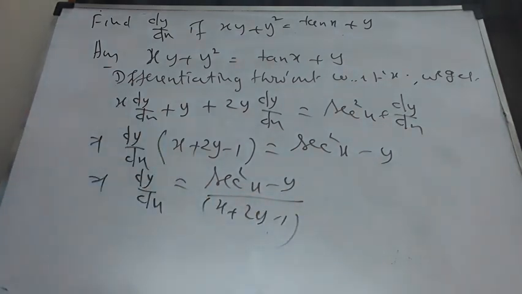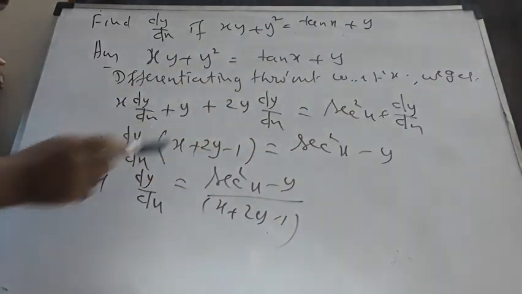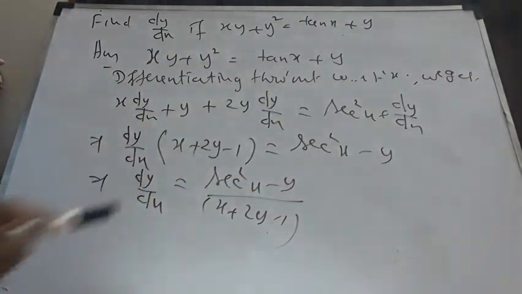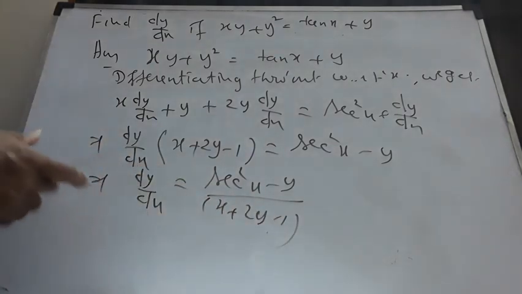You can even check the number of terms in these two places. 1, 2, 3, 4, 5. After grouping, you can check the number of terms in fact.